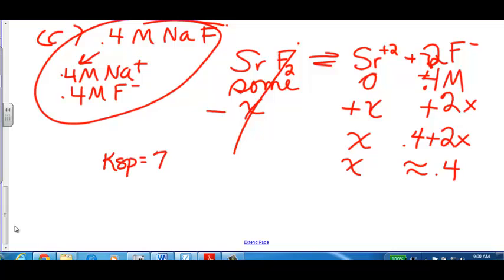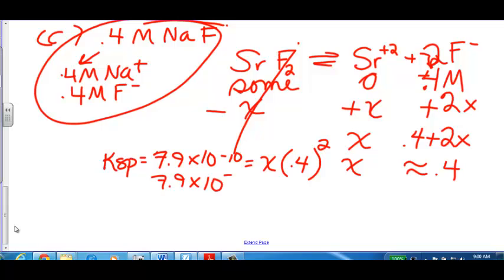So Ksp, which is 7.9 times 10 to the negative 10th, equals your x times 0.4 squared. Right? Your Sr2+ times your F minus raised to its coefficient, which is a 2. 0.4 times 0.4 is 0.16, isn't it? So 0.16x.